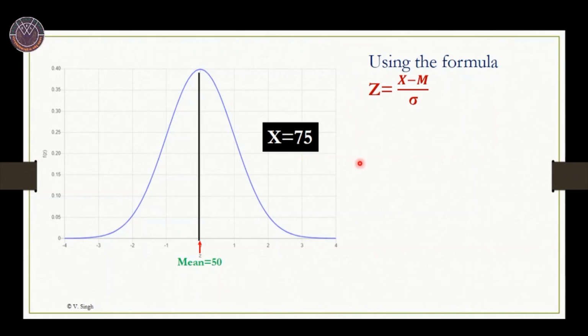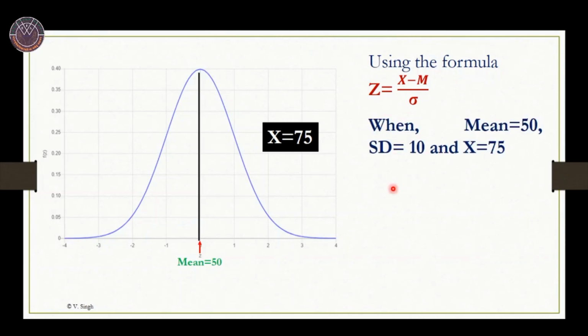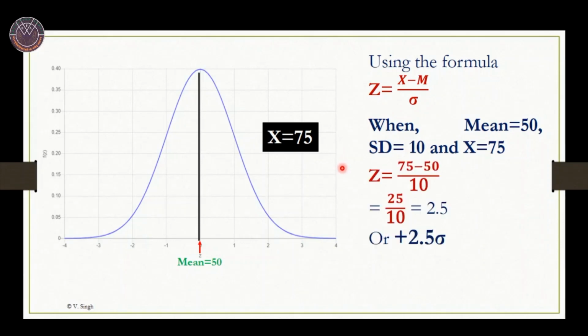This is also one of the important formulas that I am repeatedly saying we need to use whenever we are doing problems based on the normal probability curve. Here X is equal to 75, the mean is 50 and the standard deviation is 10. By using this Z score formula, we can get the standard score.